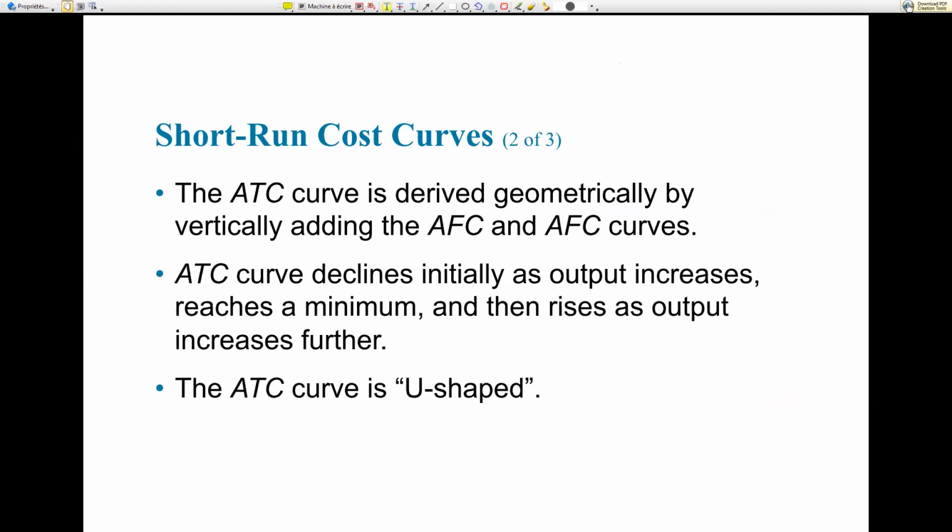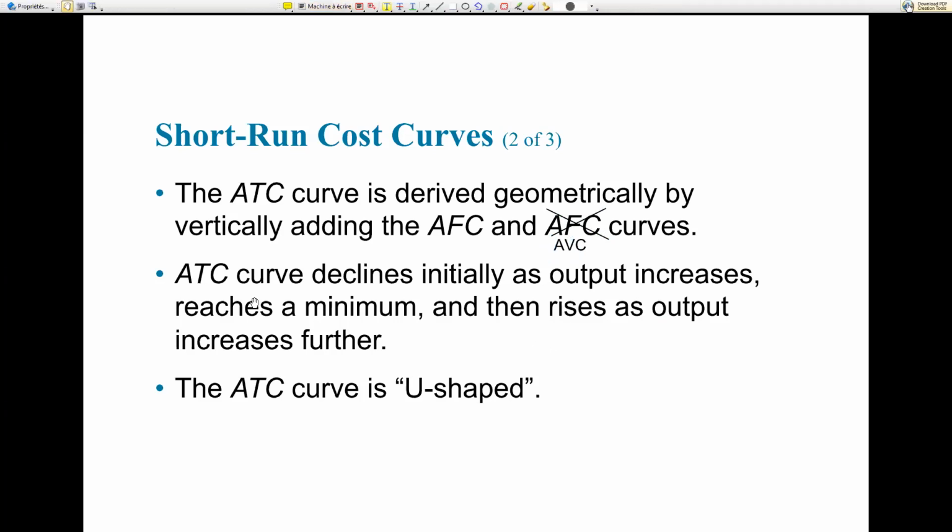All right, so the average total cost curve is derived geometrically by vertically adding the average fixed cost and average... Oh yeah, there's an error there. Sorry about this. It's not average fixed cost and average fixed cost, it's average variable cost, as we've seen.